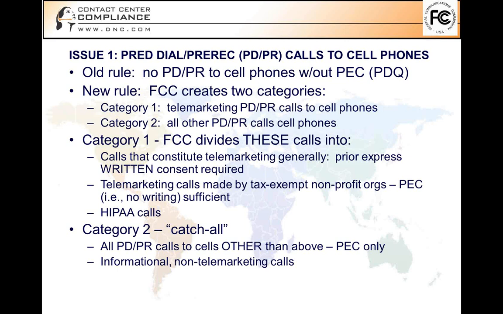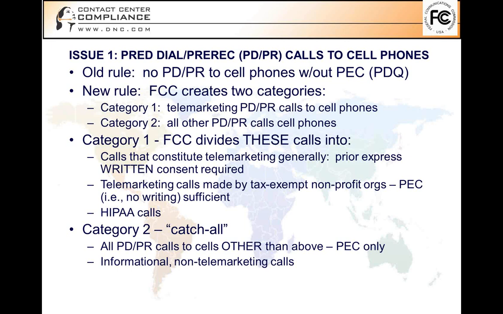I advise my clients that I consider that to be a manually dialed call. And I've written at least one article on this that Contact Center Compliance has published in their newsletter. That generated a good deal of comments, and people come down differently on this issue. I think ultimately it's a question of risk aversion.